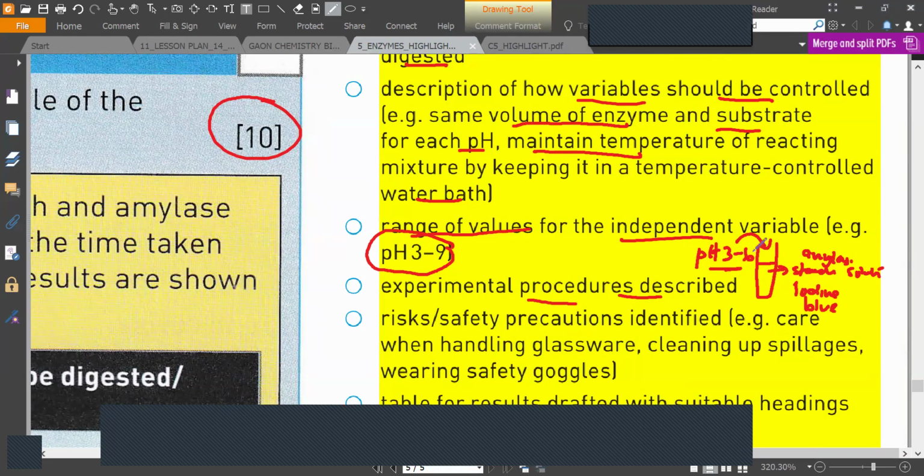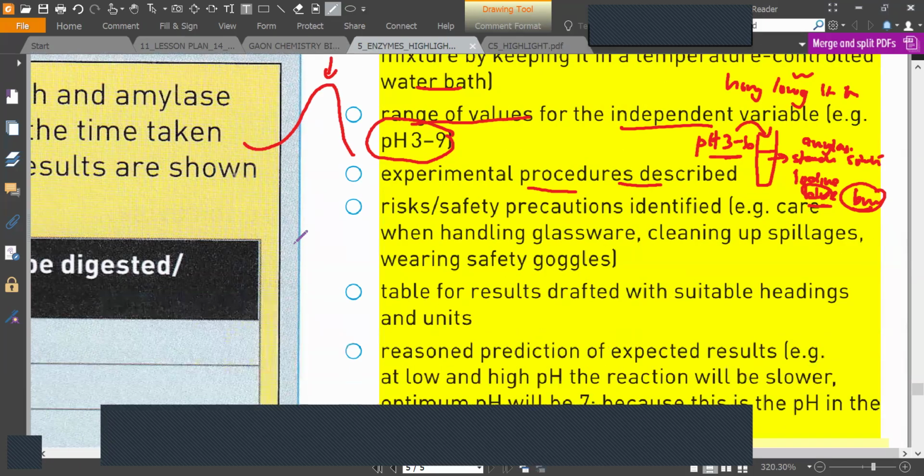And then we'll check how long it takes for the color blue to turn to brown. So we remove all the starch, right? How many minutes it takes for the blue color to turn to brown color, something like that. So we'll see at different pH, it will take a different amount of time for the reaction to be completed.